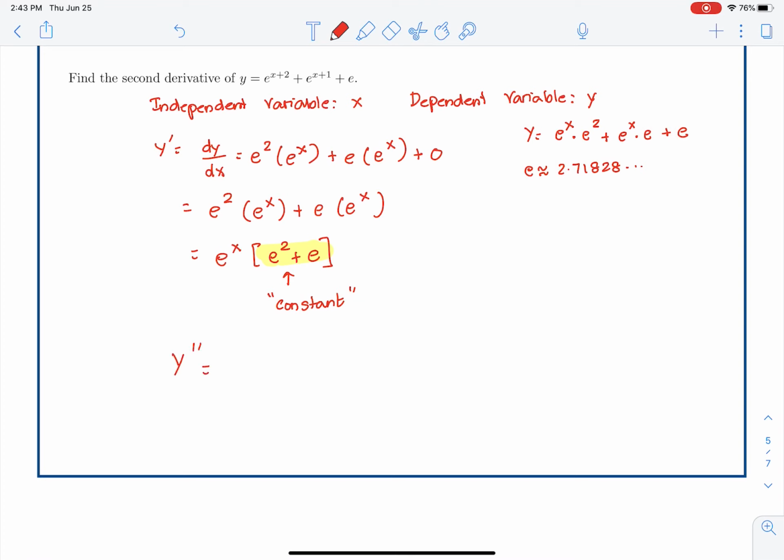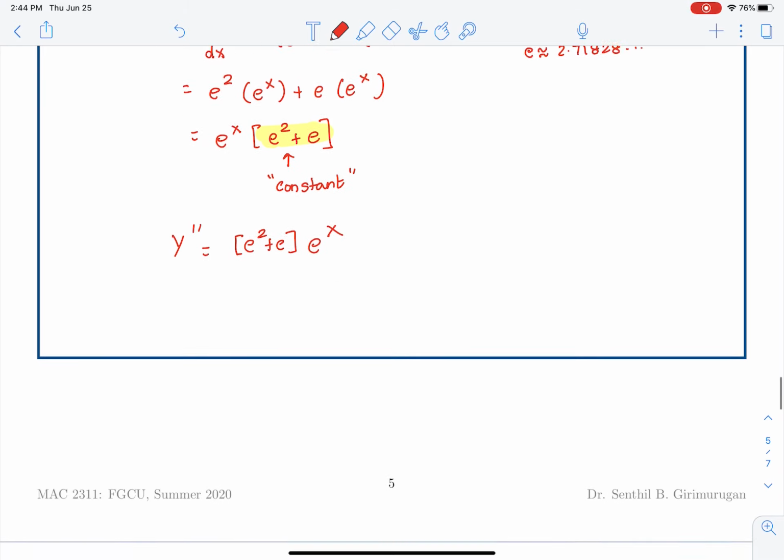So when we take the second derivative, the number doesn't change because it is in a product, and the derivative of e raised x is simply e raised x. So that is the second derivative. So the trick here is to do some algebra, rewrite the expression so that we can use the simple rules that we learned to find the derivative.